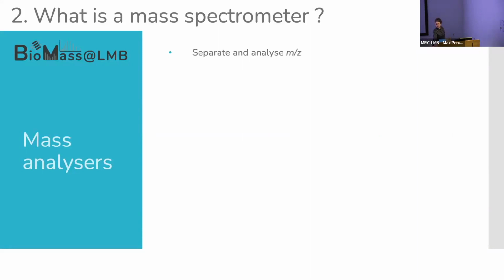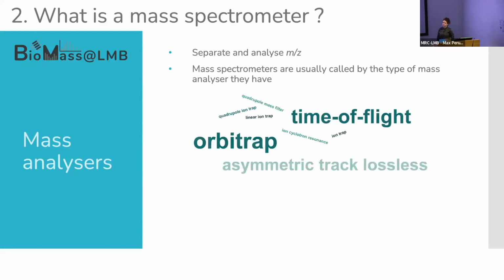Mass analyzers actually do the real job. They separate and analyze mass-to-charge ratios. Mass spectrometers are usually called by the name of the mass analyzers that they have, and there are many available.